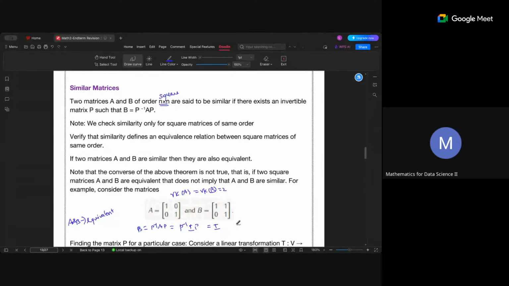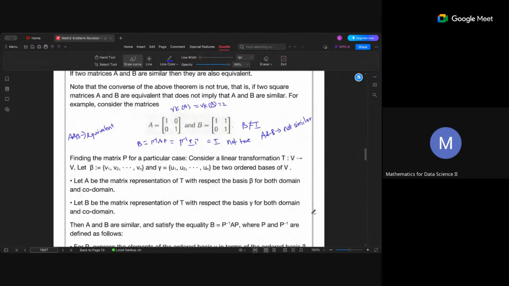So B is equal to I, but this is not true because B is not equal to identity. So A and B cannot be similar. A and B are equivalent, but not similar. So similarity implies equivalence, but equivalence does not imply similarity.